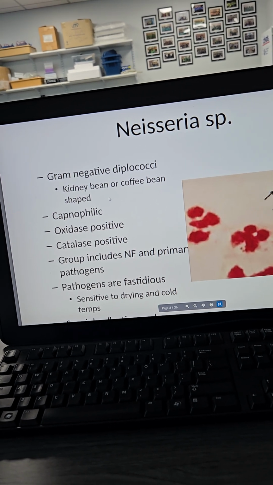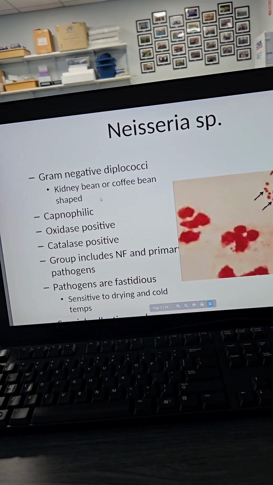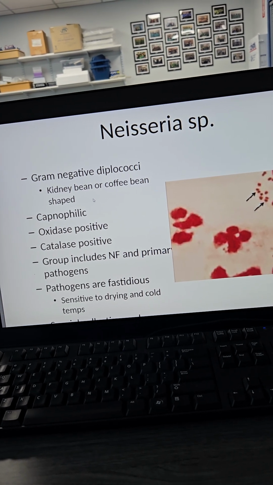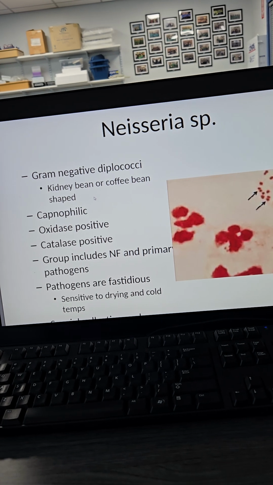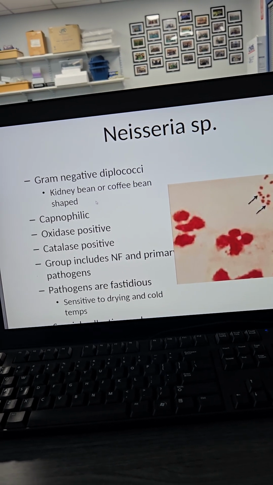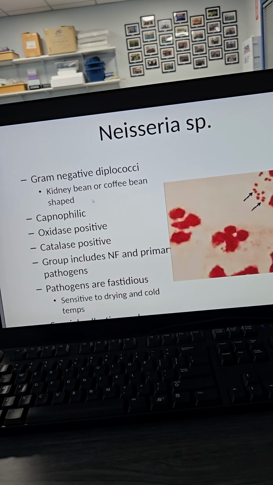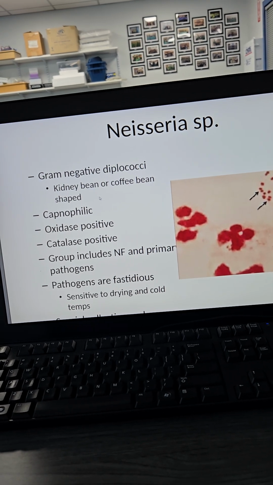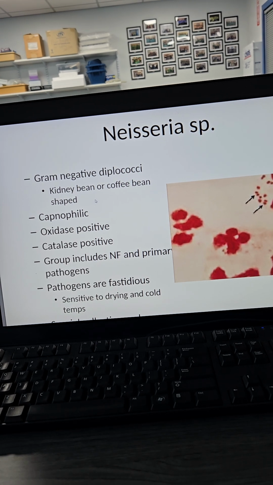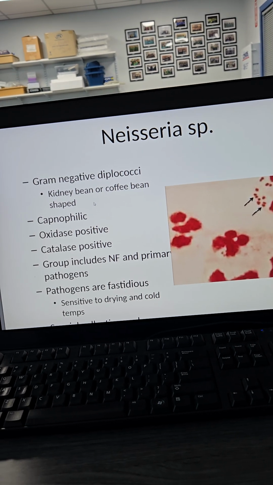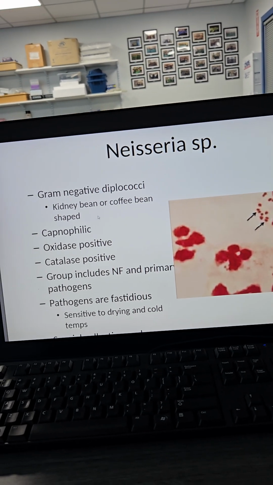A lot of times, especially if it's in something mucoid, like sputum, urethral discharge, or vaginal discharge, very mucousy, you will see them inside of white cells. You'll see them inside of the neutrophils.